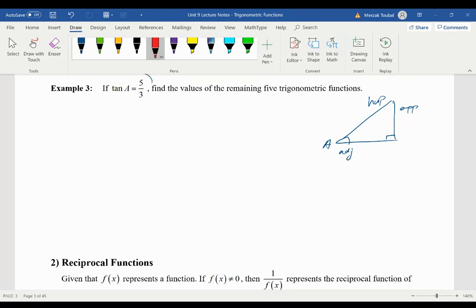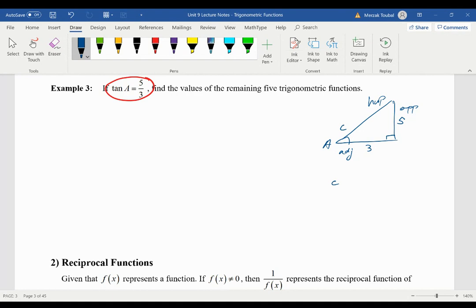So according to this equation, since tangent of A is 5 over 3, 5 must be the opposite and 3 must be the adjacent. So the hypotenuse, we can find it by using the Pythagorean theorem.